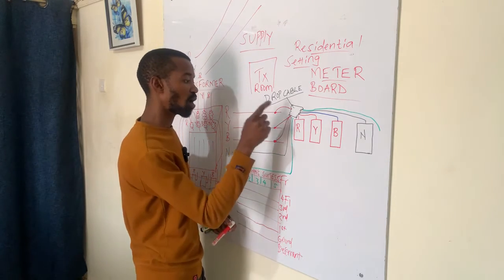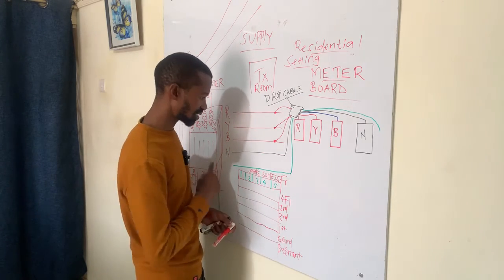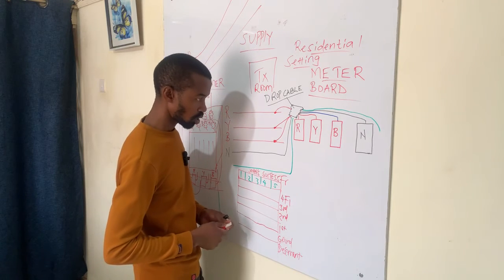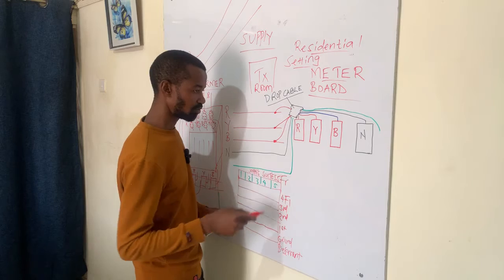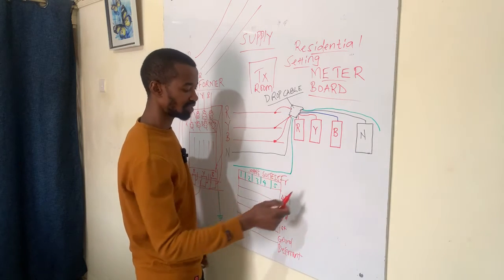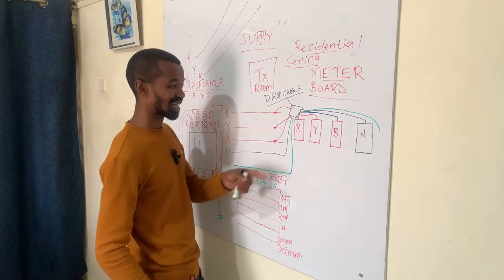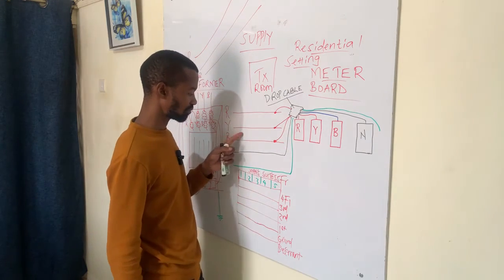We only have one drop cable, we only have one transformer that we can use at a time. So we have the red phase, the yellow phase, and the blue phase, and most importantly, we have the neutral. Why do I refer to it as most importantly? It acts as a return path for all of these phases.